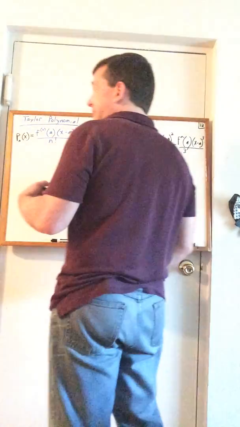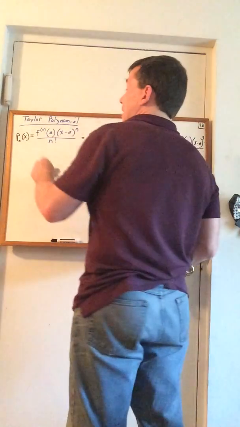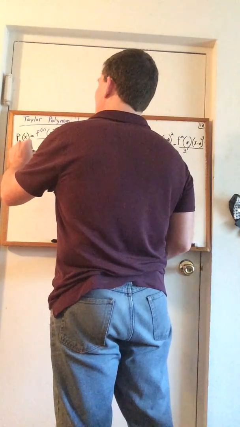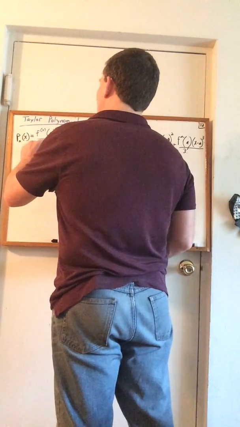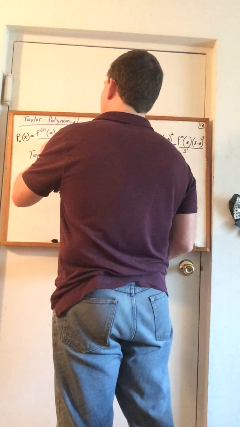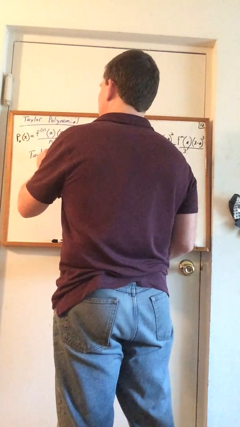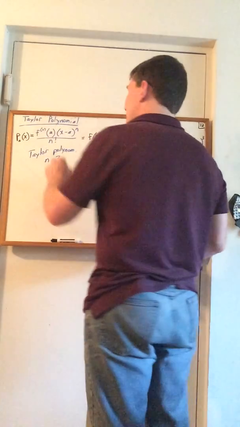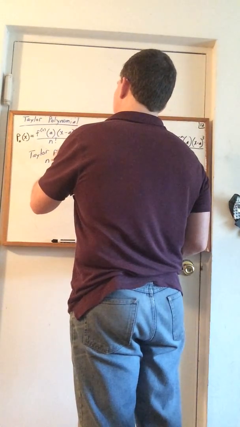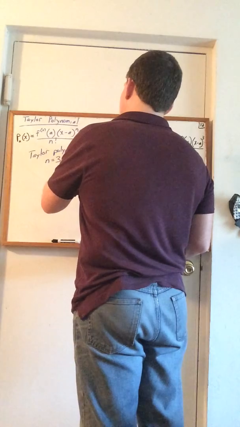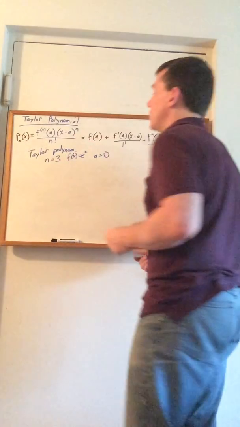So we did e to the x in the last video. If we did that here, the way we would say that is we want to find the Taylor polynomial where n is equal to, we'll just say 3 because that's what we did before, of f of x equals e to the x, where a is equal to 0, our center.